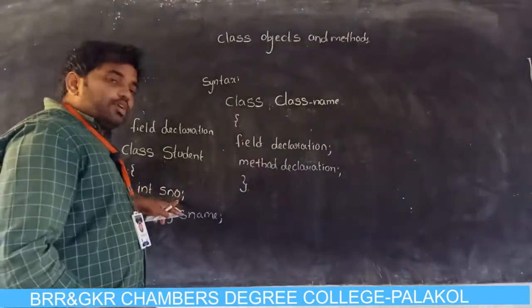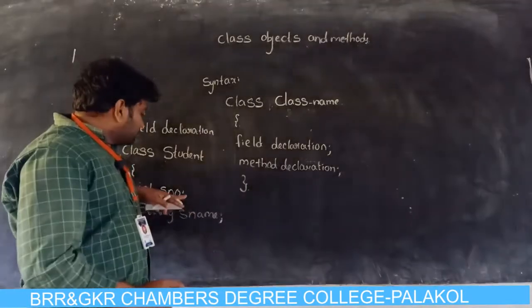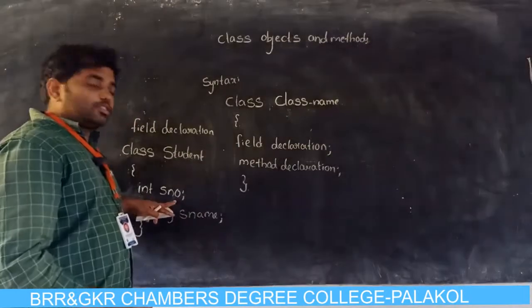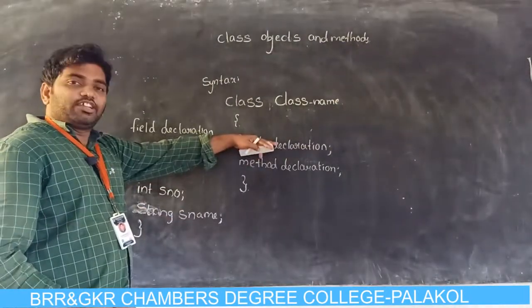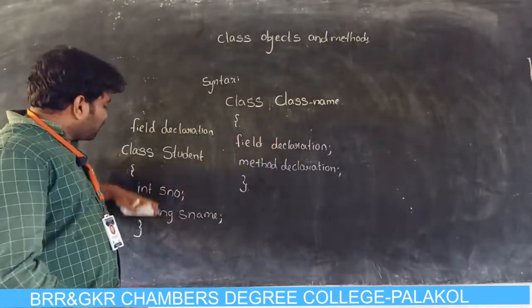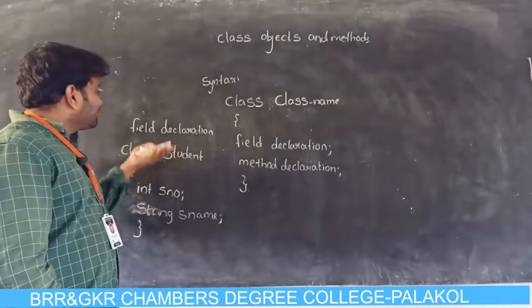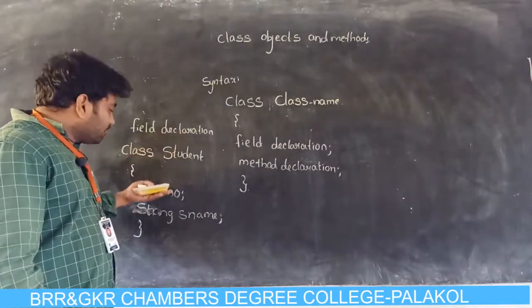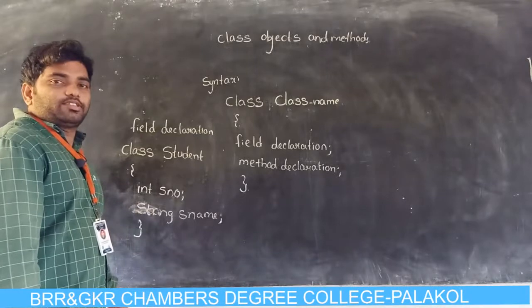The sNumber and sName are the declaration of variables. You write the field declaration within the body. The variable declaration is nothing but the field declaration. These variables are instance variables.